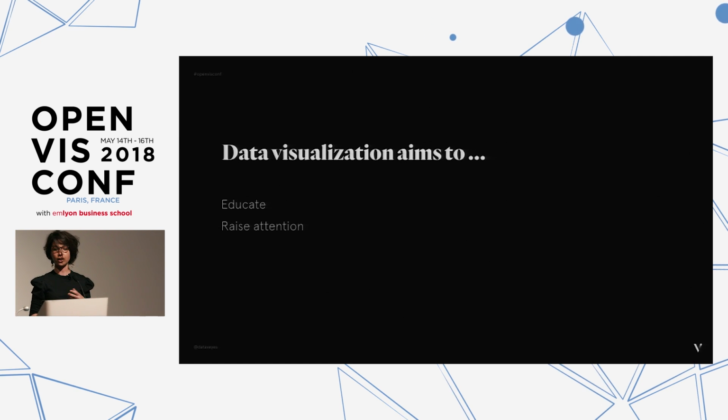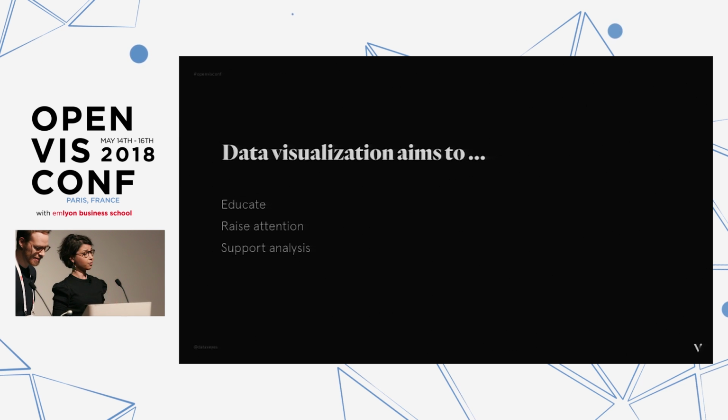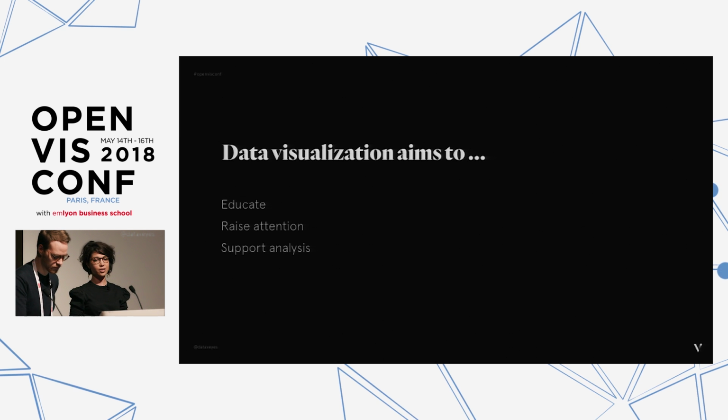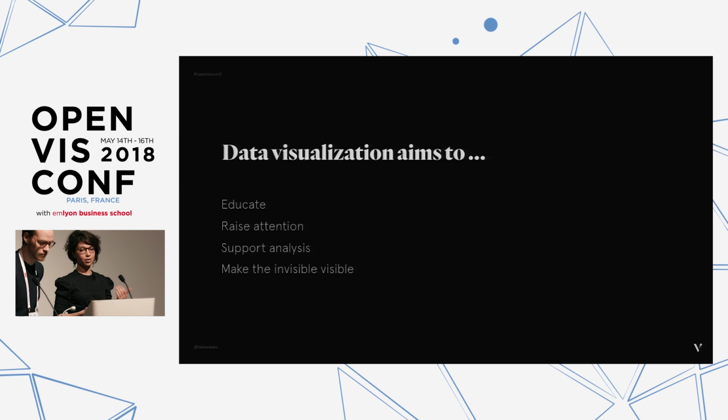Also, data visualization can aim to raise attention, to spark curiosity, to generate interest about something that the coldness of data would have made a bit hard. We also have data visualization that can support analysis, make some complex results communicable and readable, carry out an analytical demonstration. And we have data visualization that makes visible the invisible.